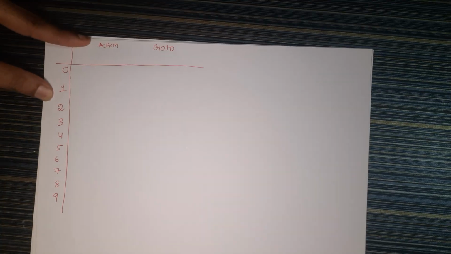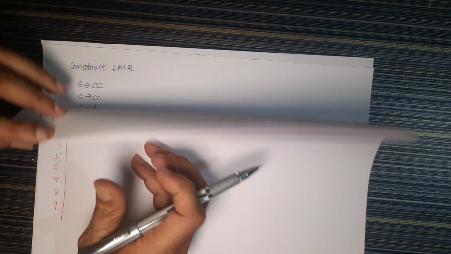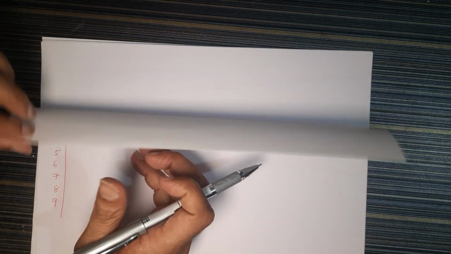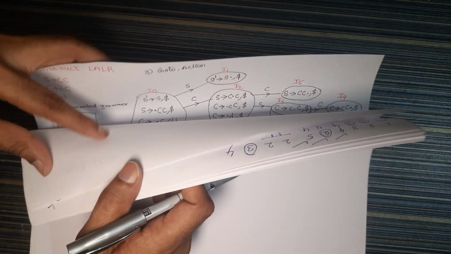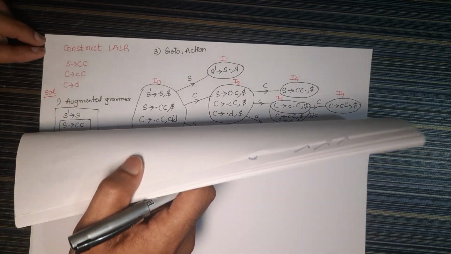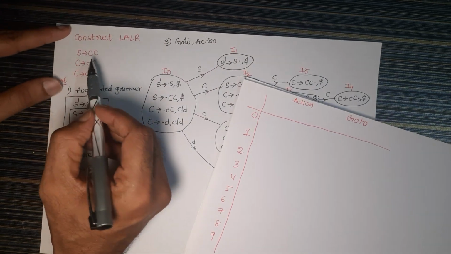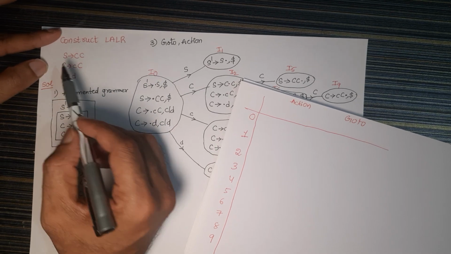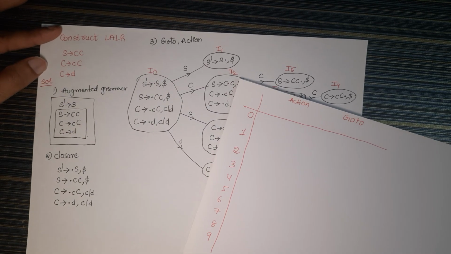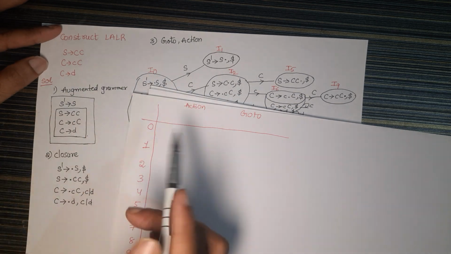In the given production, the capital letters are C and S. So we will write capital letters in the go to part, and small letters in the action part.